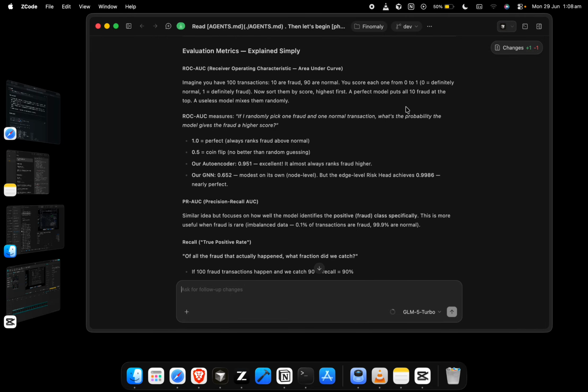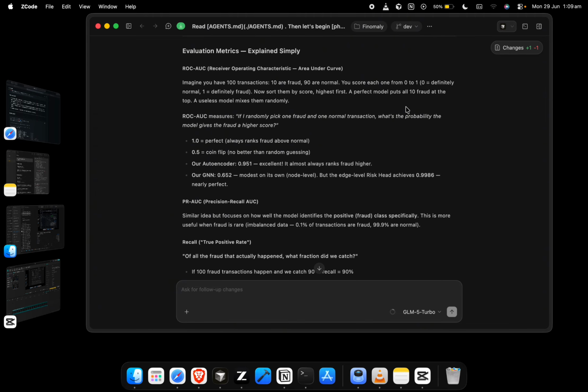So ROC AUC measures if I randomly pick 1 fraud and 1 normal transaction, what's the probability the model gives the fraud a higher score. So 1 is perfect, 0.5 is a coin flip. It's no better than random guessing. And then our autoencoder 0.951, this is the score that we got.